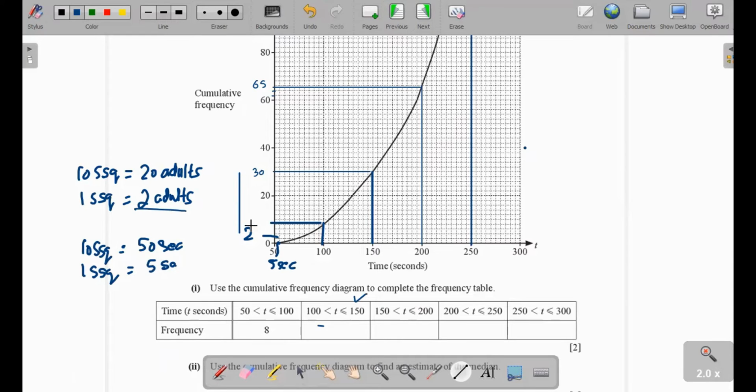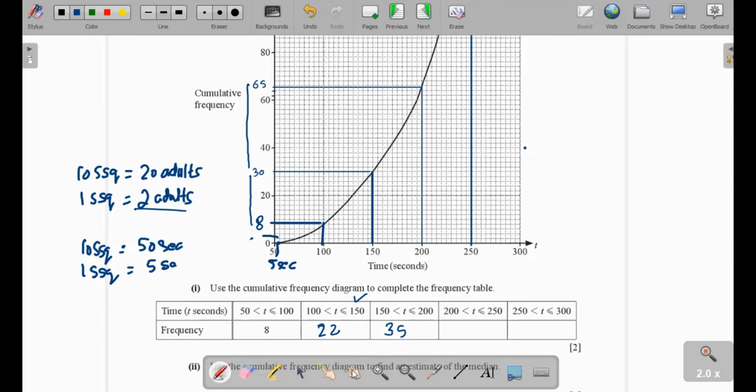The difference between 30 and 8, sorry, 30 and 8 seconds. This is the difference between 30 and 8, which is 22. And the difference between 65 and 30 is 35.